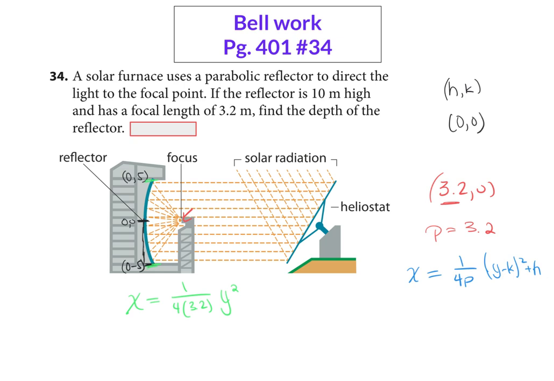So I could just say 1 over, and this is 12.8, 5 squared. And that gives me 25 over 12.8, which I think they actually put in as a decimal, 1.95. So when you plug that in, you should get approximately 1.95 meters is the highest point of that dish.